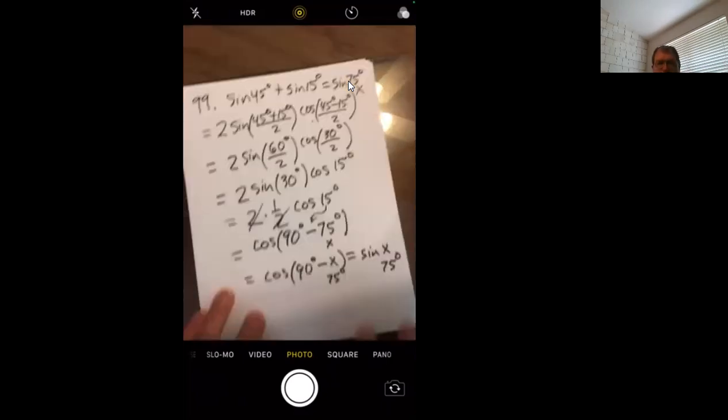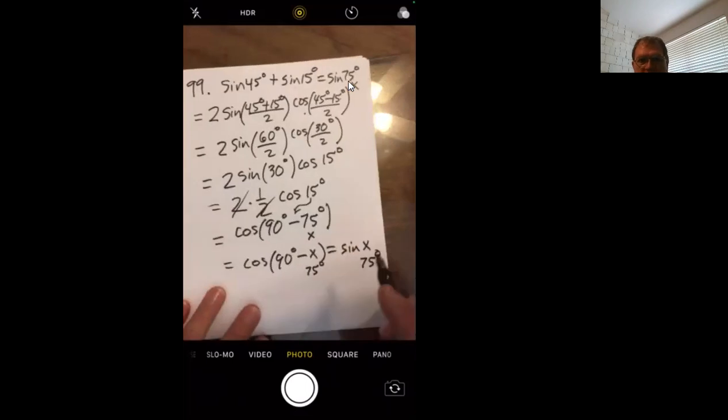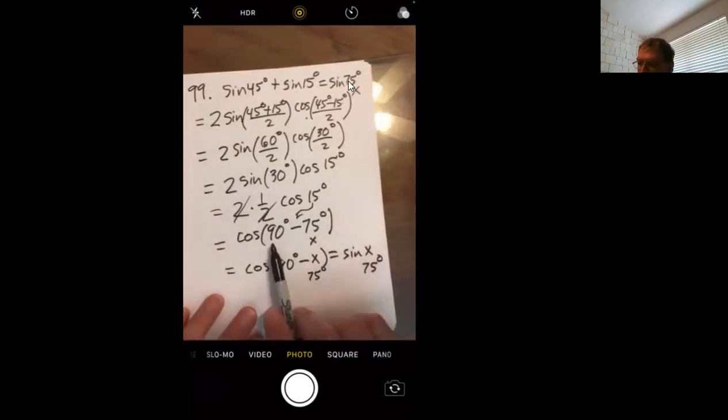That's equal to my 15 is 90 minus 75. This is my x. So a cosine of 90 degrees minus x is equal to a sine of x. This is 75 degrees and this is 75 degrees. Sorry about that. So I can write 15 as 90 minus 75.